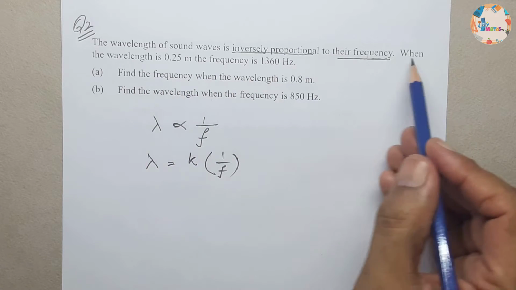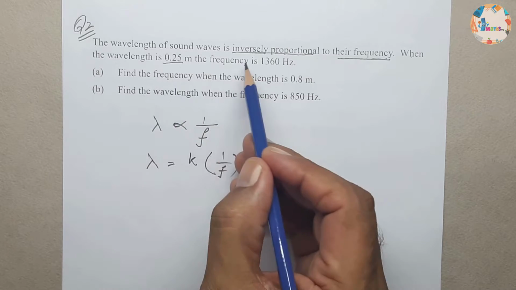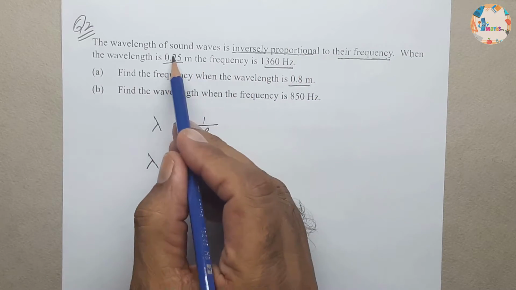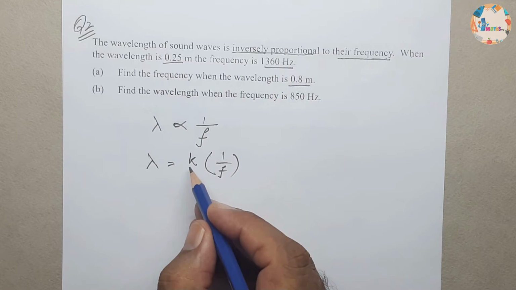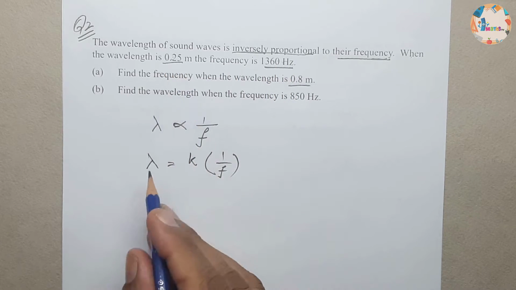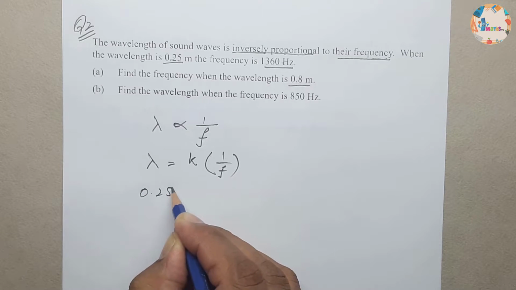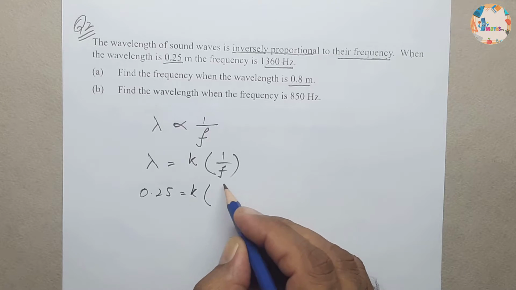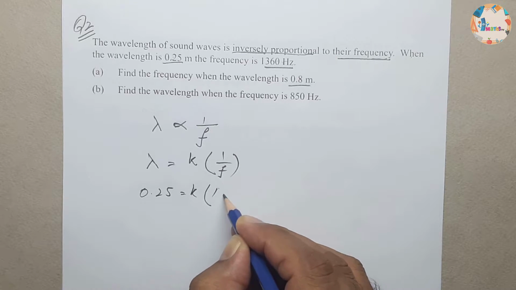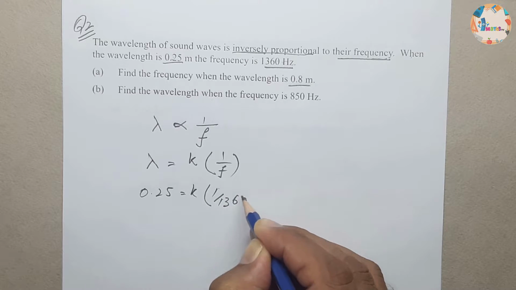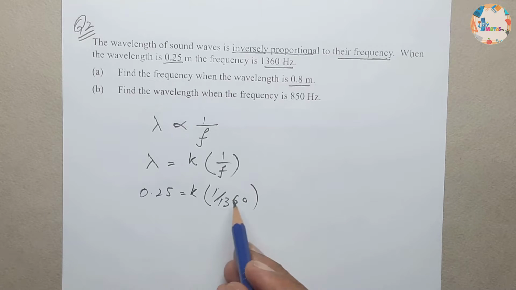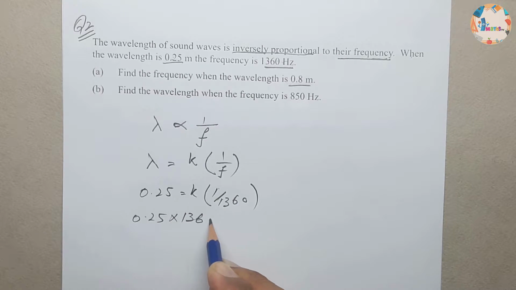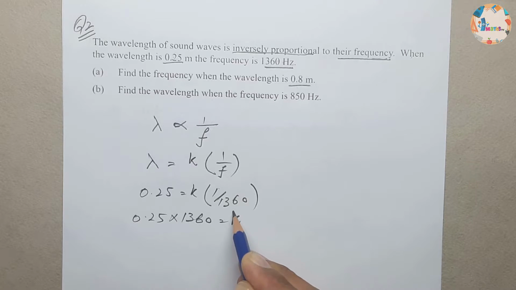Find the frequency when the wavelength is this, and find the wavelength when the frequency is given. These two given values we will use to find the value of k. The wavelength is 0.25 when the frequency is 1360. So lambda is 0.25, k is k, and f is 1 over 1360. Now we can shift this to the other side: 0.25 multiplied by 1360 will be equal to k.